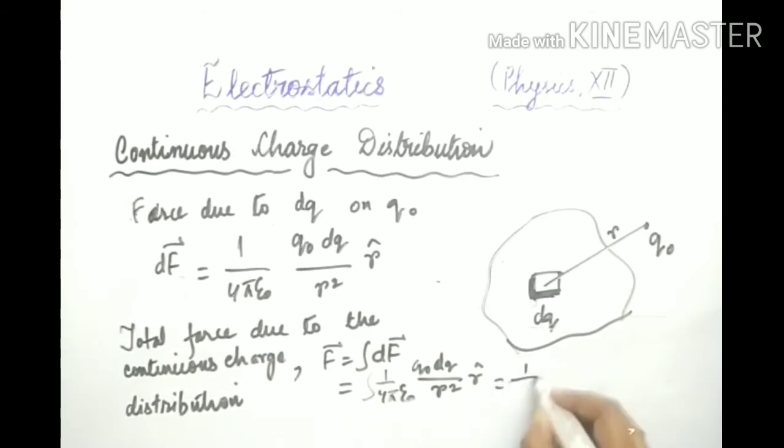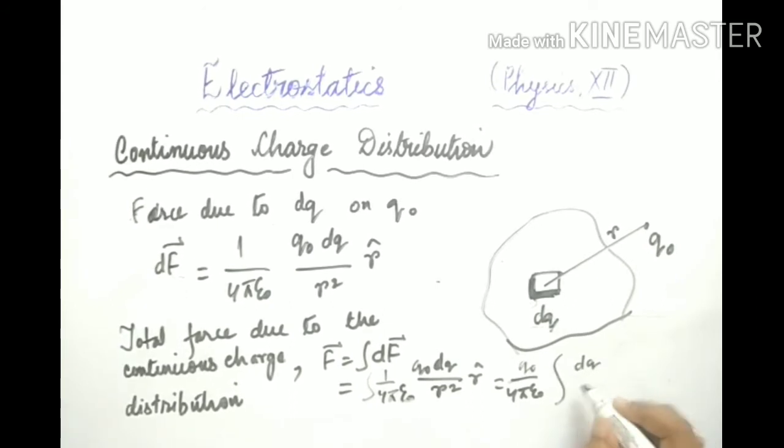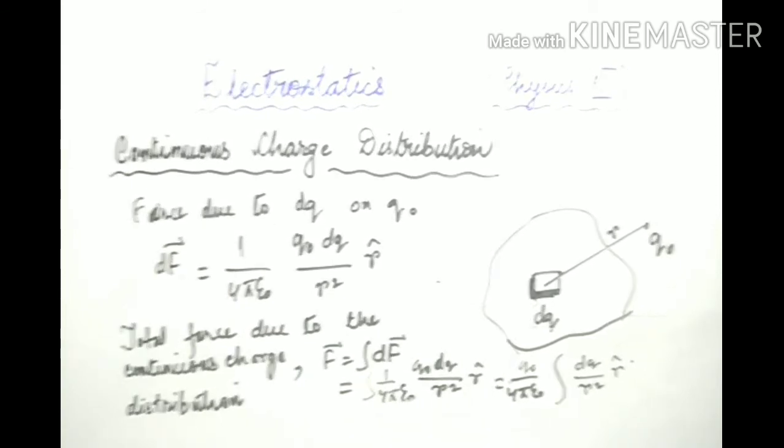Now 1 by 4 pi epsilon naught is the constant part. You all have studied in integration that the constant part comes out, and what remains is this portion. So this is the form of the force for a continuous charge distribution.